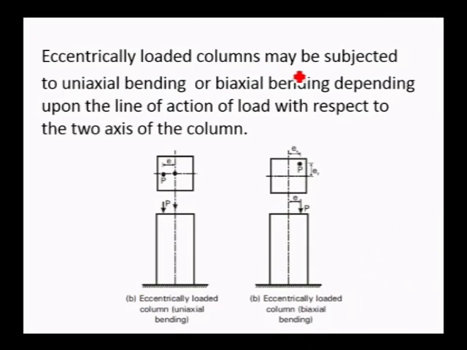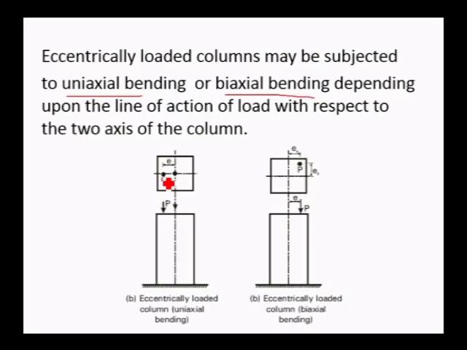Eccentrically loaded columns may be subjected to uniaxial bending or biaxial bending. As I already told you, two types of bending will take place. Here you can observe figure B, an eccentrically loaded column with uniaxial bending. What we can observe in plan is that the load is acting at a distance of E from the centroid, along the x axis.